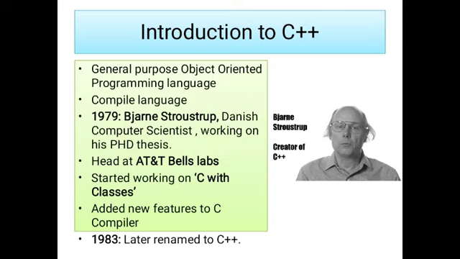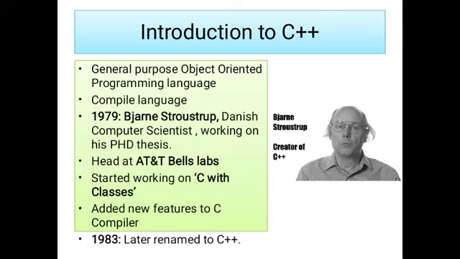C++ is a general purpose object oriented programming language which is compiled in nature. In 1977, Bjarne Stroustrup, who was a Danish computer scientist, was working on his PhD thesis. He was also head at AT&T Labs. He was creating something like C with classes.